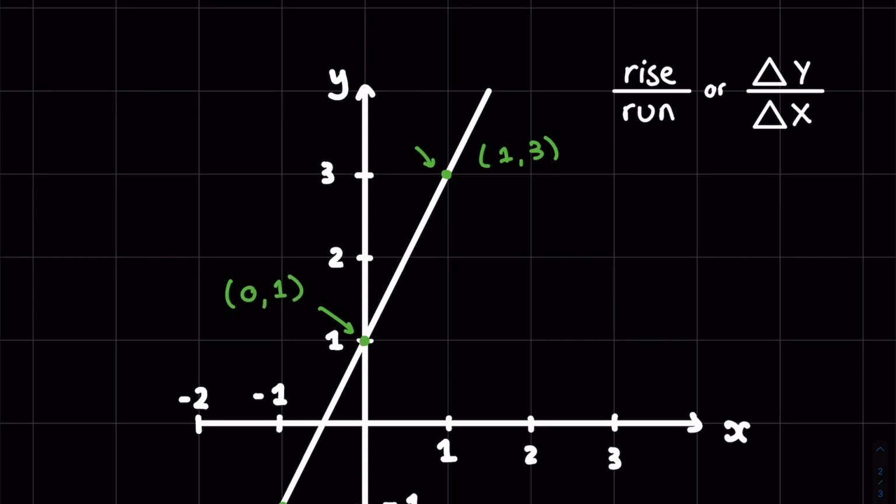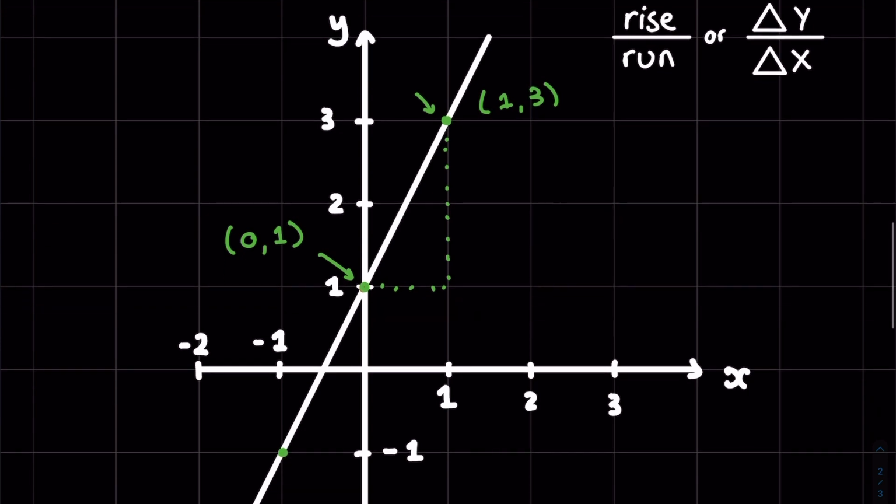So calculating our gradient, rise over run, this is the reason why it is used so much, because we've got a rise in height over our run along the x-axis. So we're finding the change in our height divided by our change in our x.